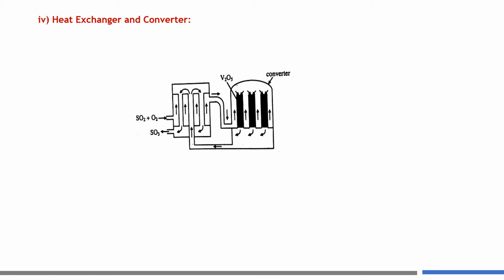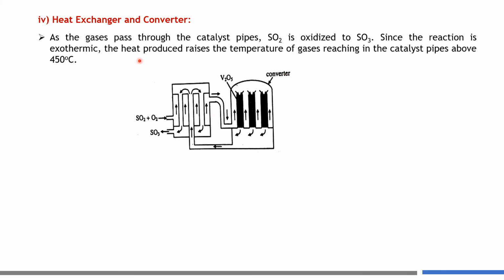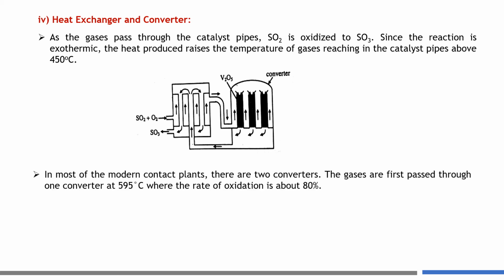This is the diagram of the heat exchanger and converter. As the gases pass through the catalyst pipes, SO2 is converted into SO3. Since the reaction is exothermic, the heat produced raises the temperature of gases in the catalyst pipes above 450 degrees Celsius. In most modern contact plants, there are two converters.